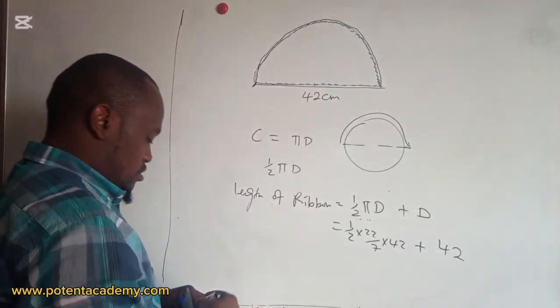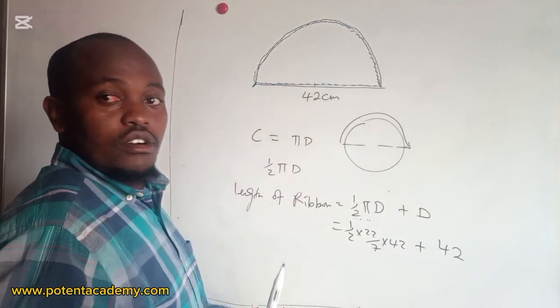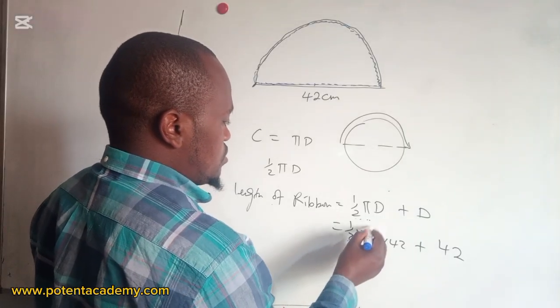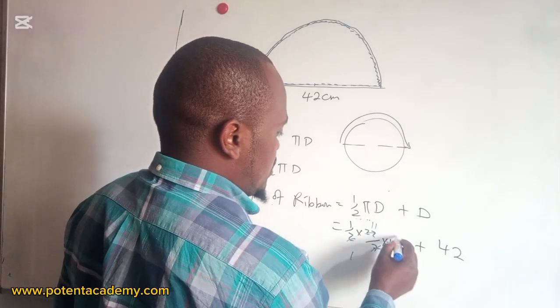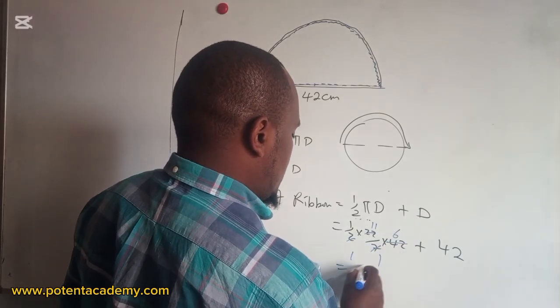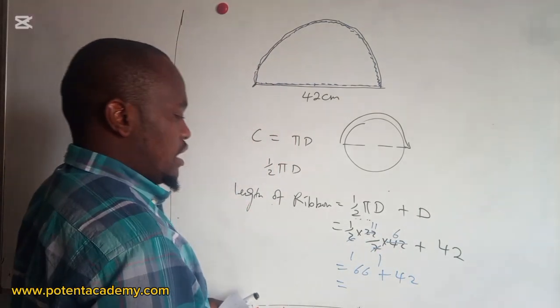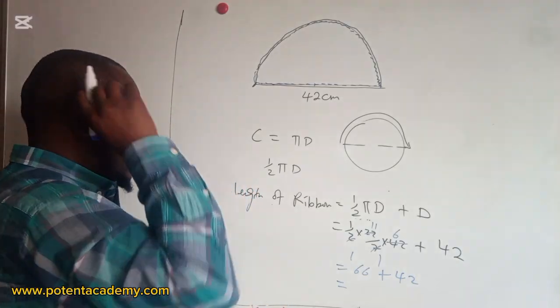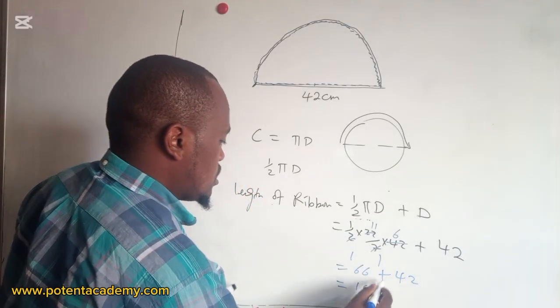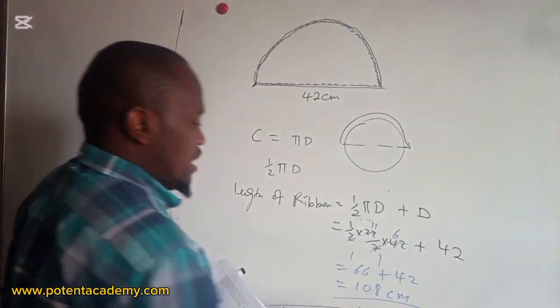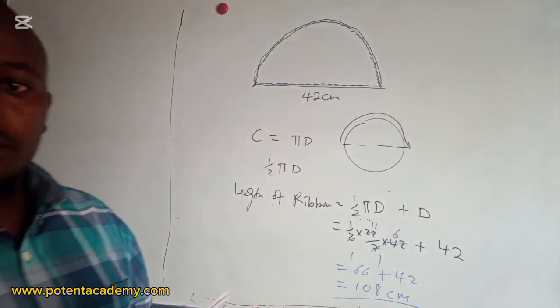Then you solve that and you get your correct answer. 1 by 2, 1 by 2, 11, 1 by 7, 6. This is 66 plus 42. And the answer there is 108 centimeters. That is the length of the ribbon.